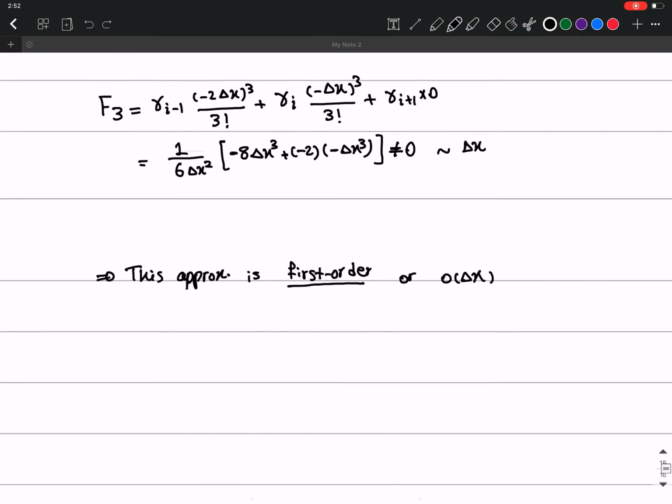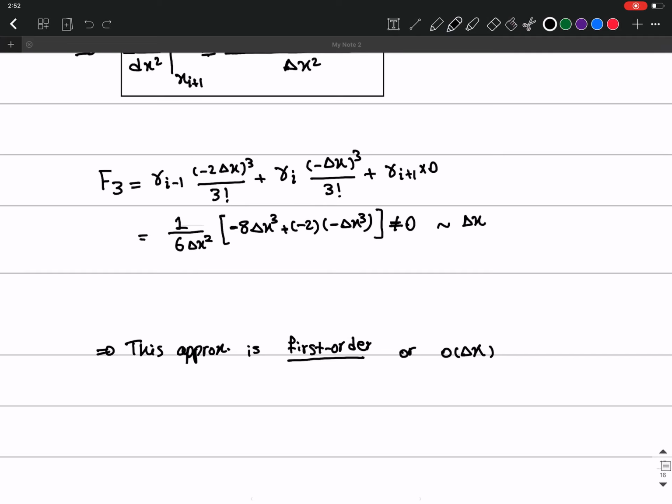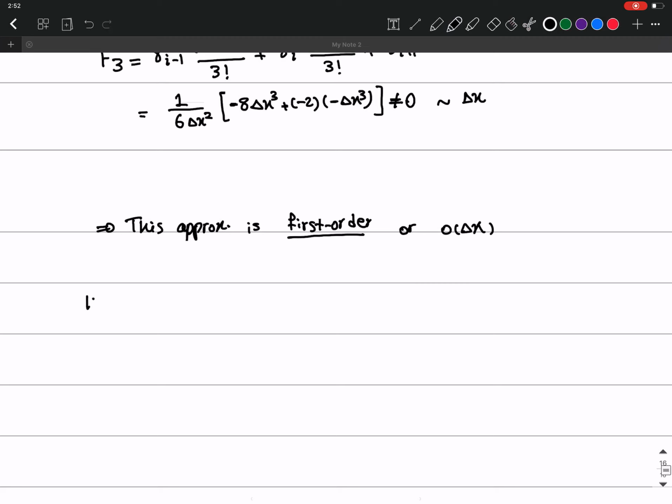So let's see, if we use this approximation for d squared u dx squared evaluated at xi, what would be the order of this approximation?